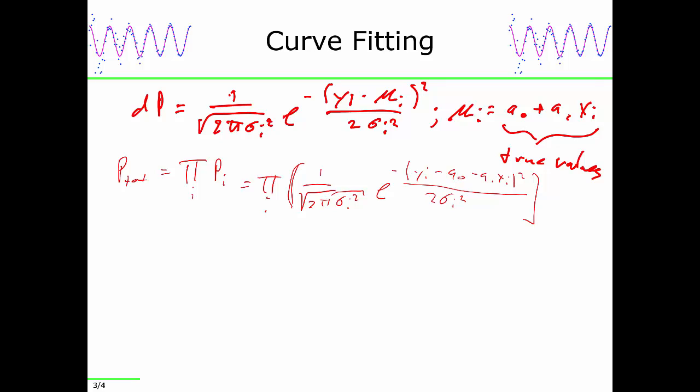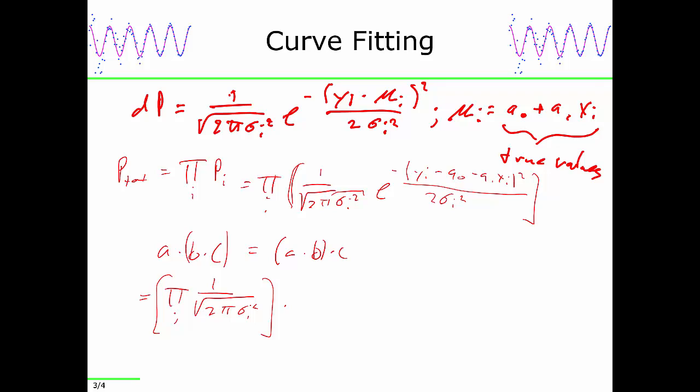In other words, the product of A times B times C equals A times B times C. So we can regroup these and turn this into the product of 1 over square root of 2 pi sigma squared, times this product.